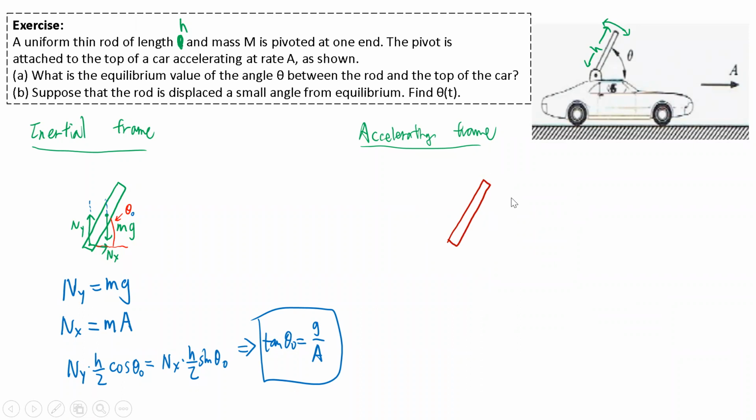Instead, I have a fictitious force. Originally, that's just the gravitational force field, like this.